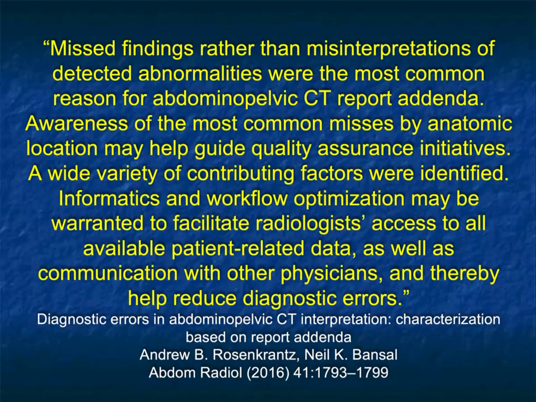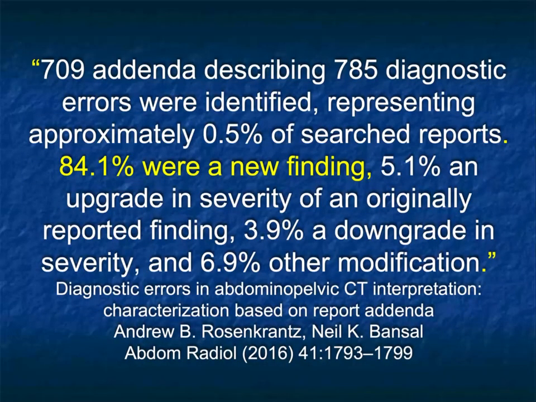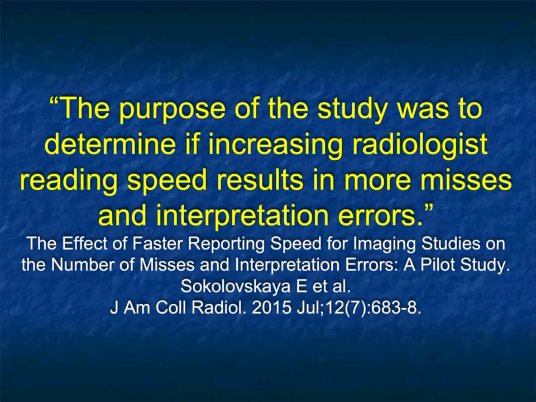So again, a key thing is, how do we minimize these errors? Now, in that article by Rosenkrantz, 709 addendum describing 785 diagnostic errors were identified. 84% were new findings. So again, it's this missing things that is the biggest challenge.